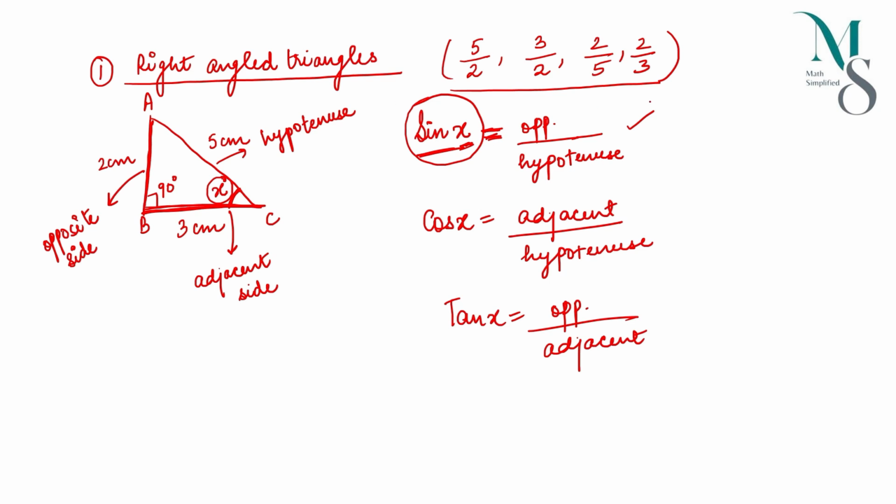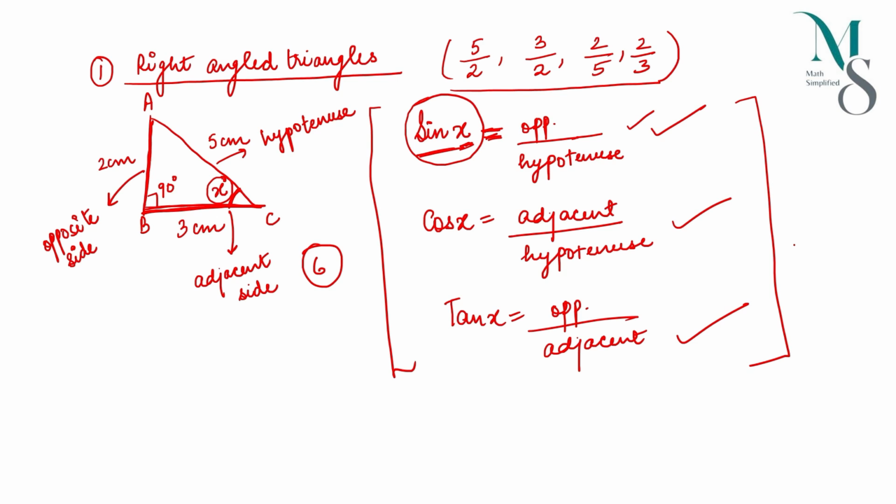These are the ratios that you have to learn, and we'll apply them in various questions. You have to learn these three ratios. We have a total of 6 trigonometric ratios, but in this video, we'll be learning about only 3.